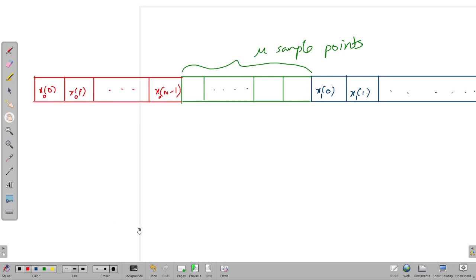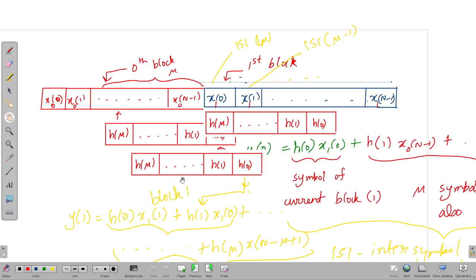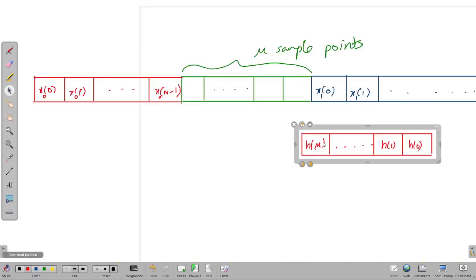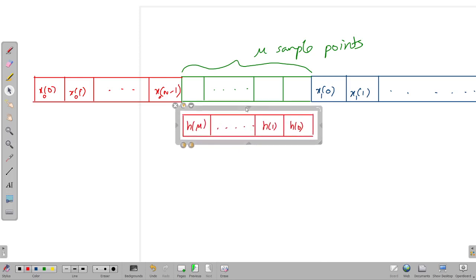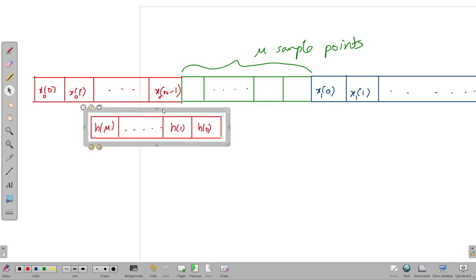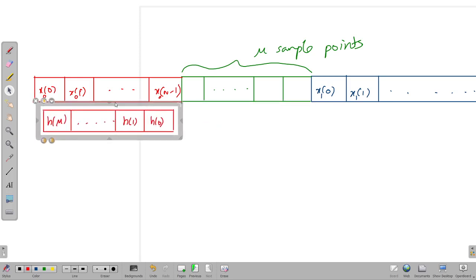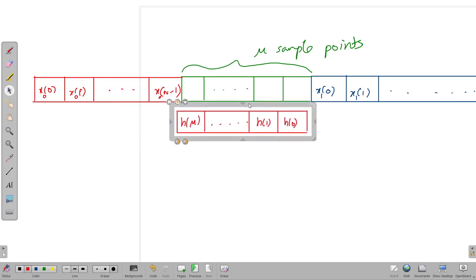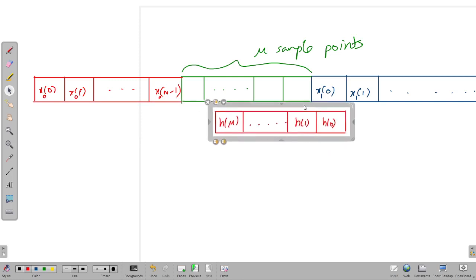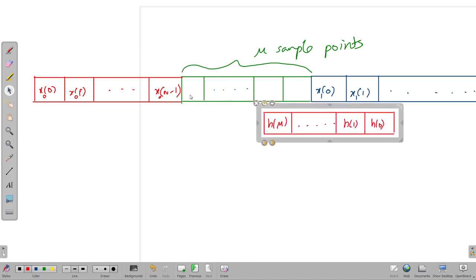So how will I remove inter-symbol interference? If I have this impulse response as it moves from the previous block, the 0th block, and mu number of sample points, it is not getting affected by the previous symbol because I have not done any transmission. So it is just 0. I'm not explicitly writing 0.